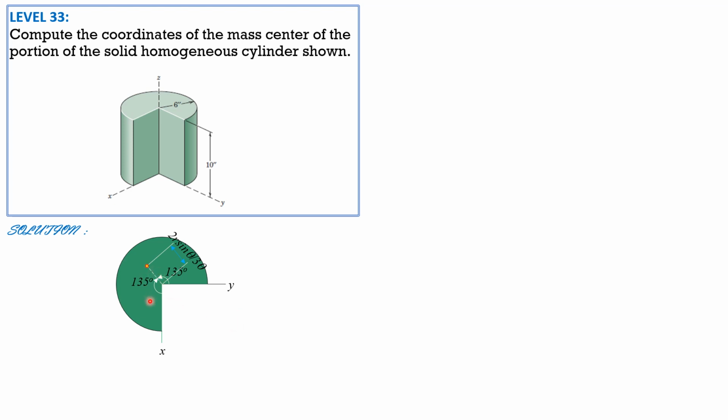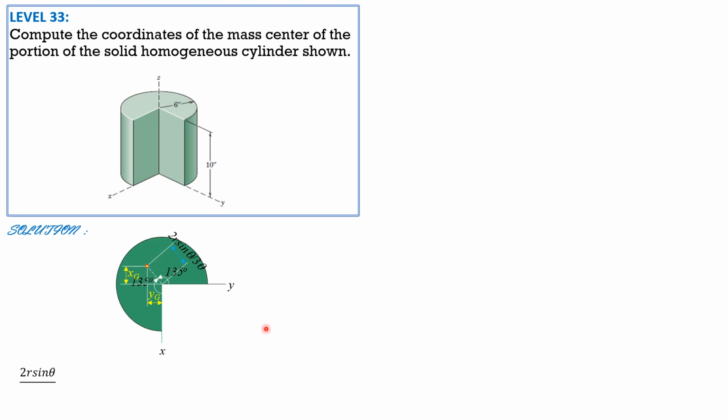Then this is yg, and this is xg, and both are negative and equal because they lie here. So yg is negative, and xg, opposite to the positive x-axis, is also negative.